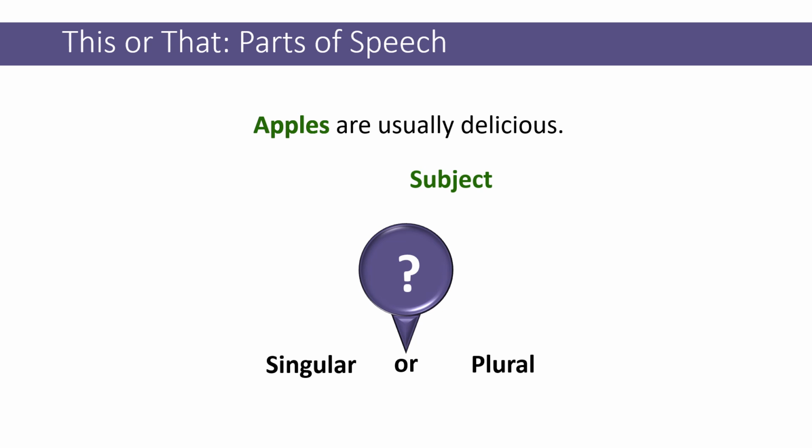Well, keep in mind that subjects and, in general, objects are nouns. So the rules apply the same. If it is a singular subject, it will not have an S on the end. If it is a plural subject, it will have an S on the end. This one does have an S on the end, so this is a plural subject.